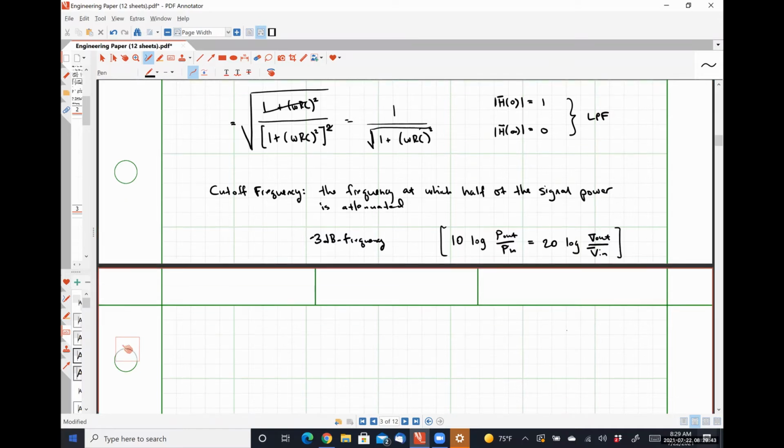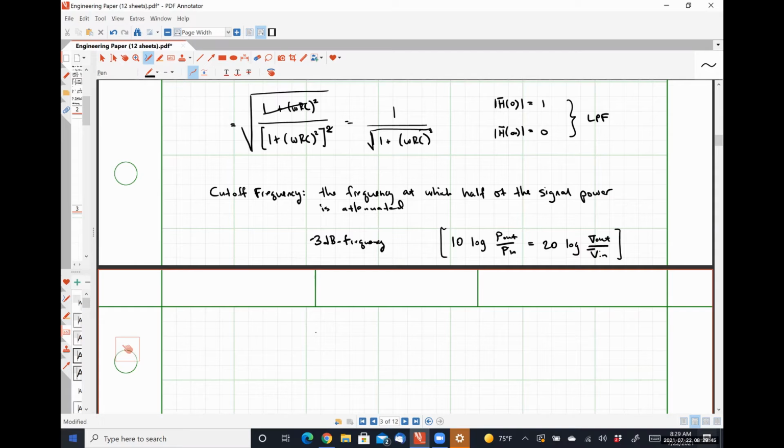Our other means is just simply saying that the magnitude of H of omega is exactly equal to 1 over the square root of 2. They represent the exact same point. It's just from 2 different perspectives.